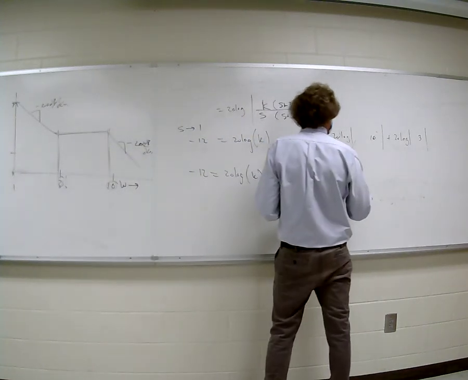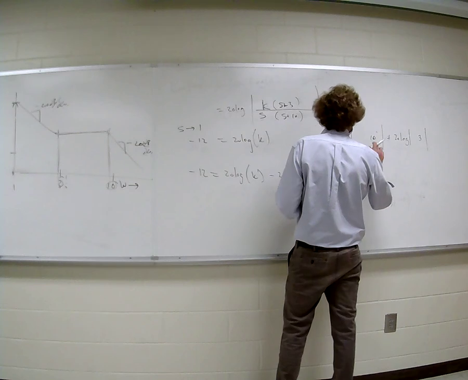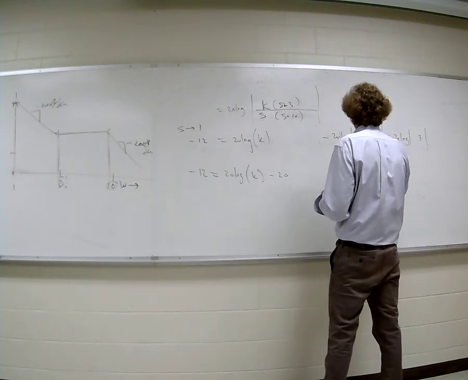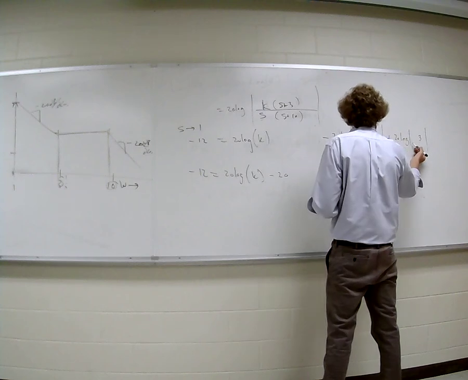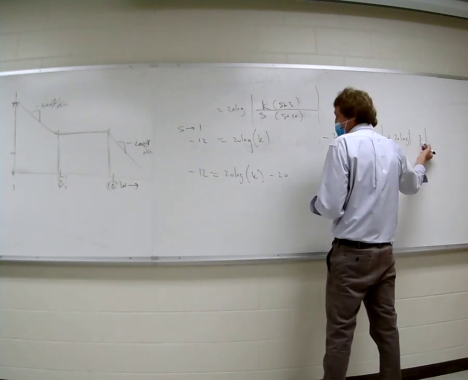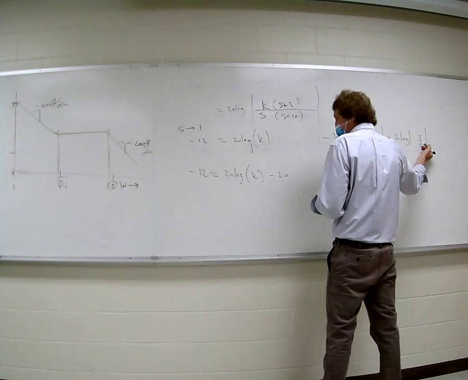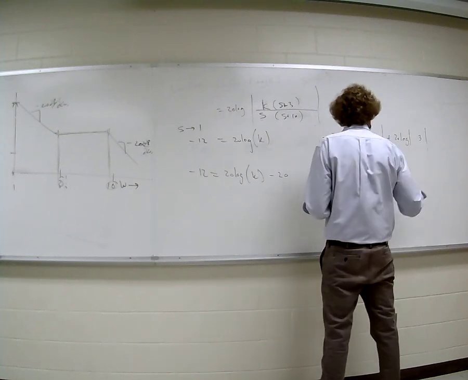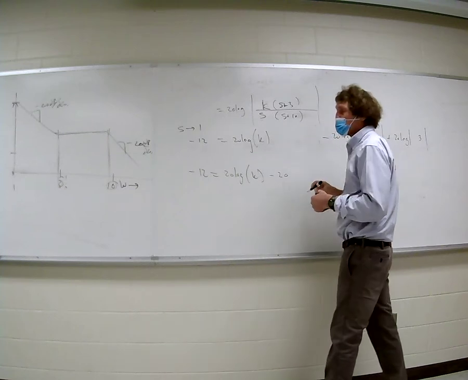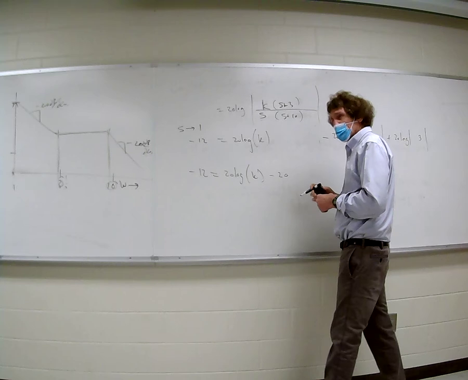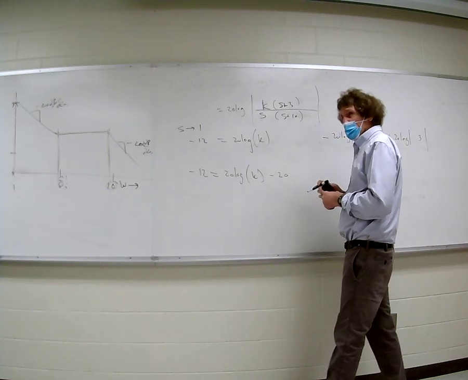And then I've got the log of 3. Check that out. Log of 3 times 20, right there. And I think that's 60, or 3 dB. Check it out. No, wait a second. No, it isn't.